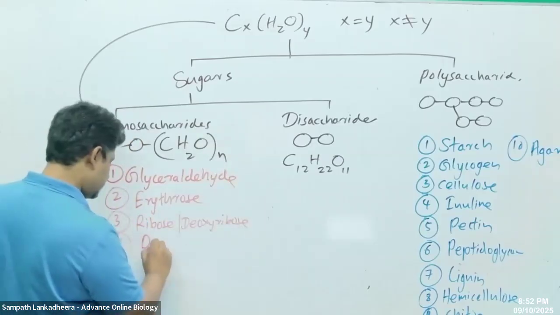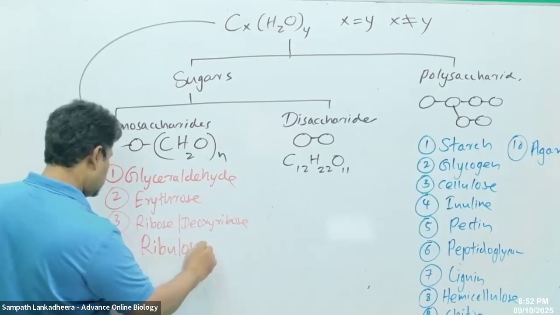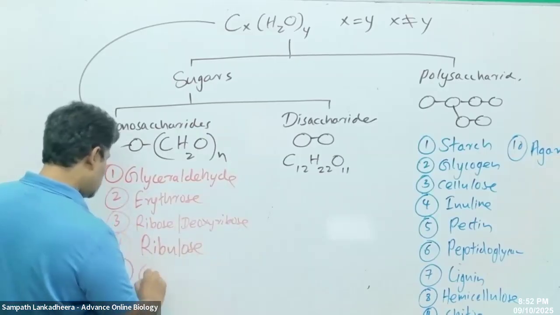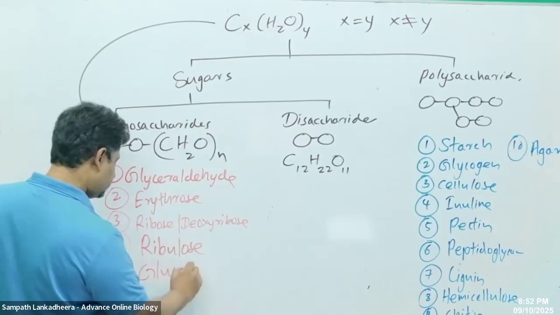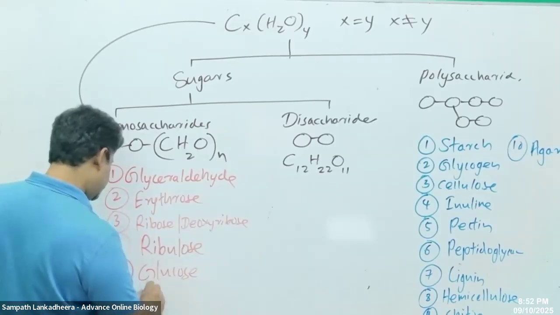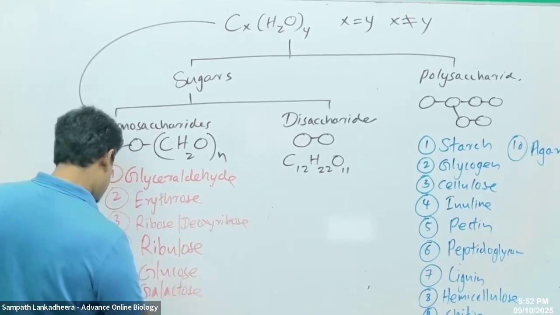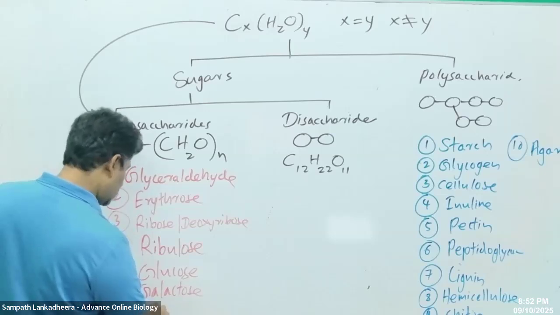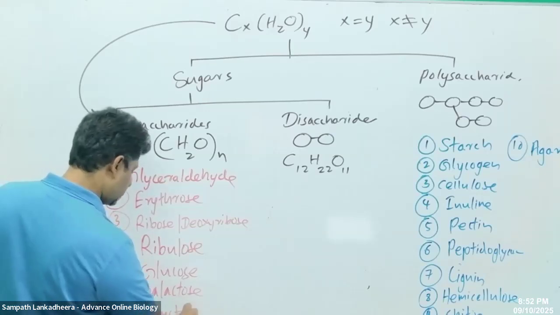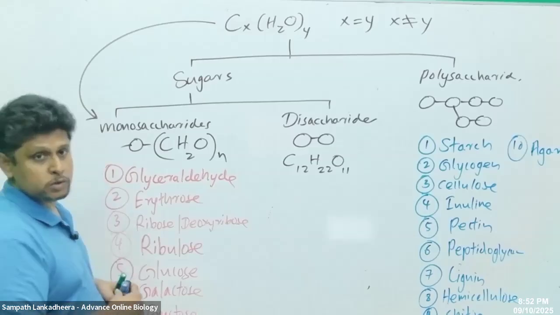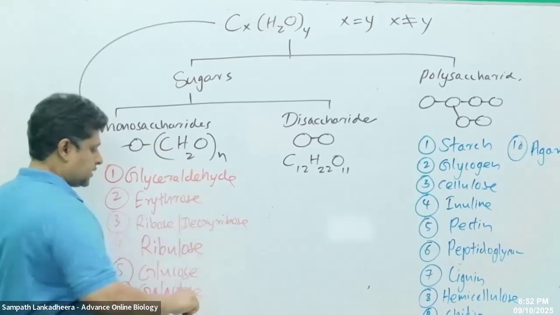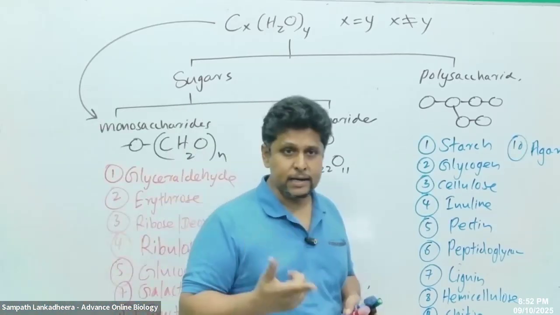Ribulose. Fifth one, glucose. Seventh one, galactose. Eighth one, fructose. Right? So that's the monosaccharide set.